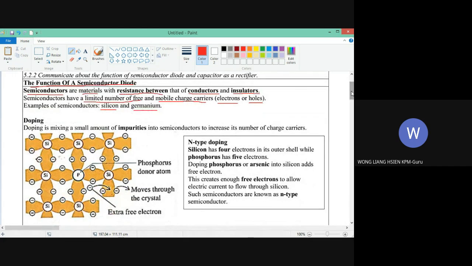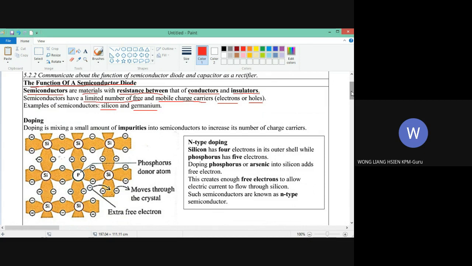We say that semiconductors are not a very good conductor. They have very limited charge carriers. They have limited free electrons. So if they have limited free electrons, they are not a good conductor. Well, how is it that semiconductors can be used as electronic components?